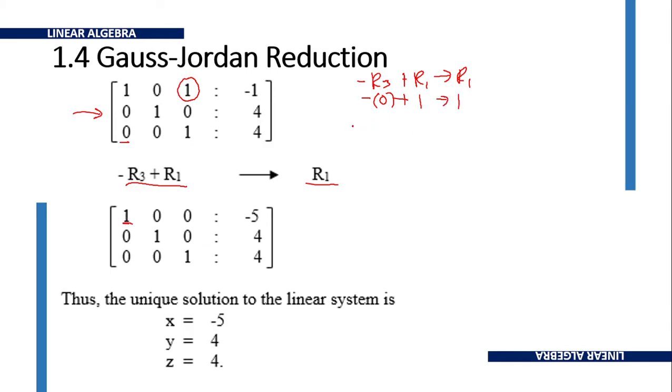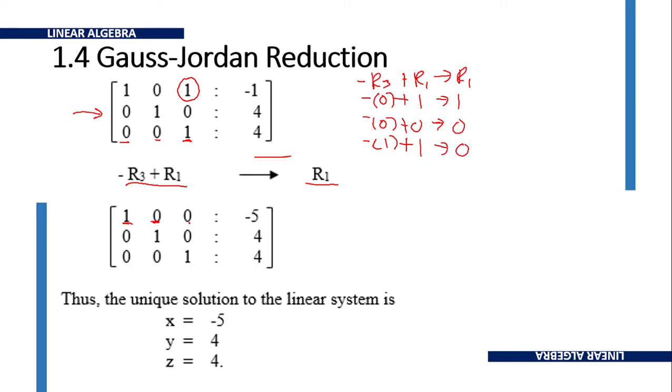Next, we have negative 0 again. Plus 0 is 0. So 0. Then negative, negative times 1. So dito na tayo. Negative times 1 plus 1, yung R1 natin, plus 1. So 0 siya.